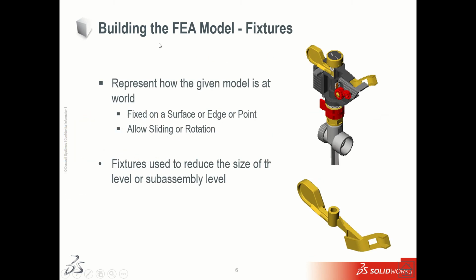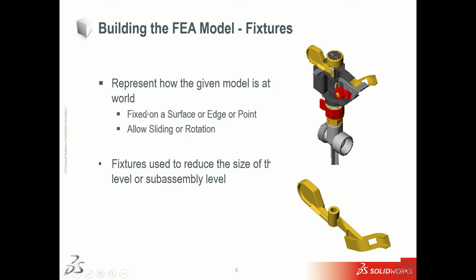After that, in SolidWorks FEA you can see fixtures. What it does is only fix your model. Means if your model has to be fixed to some part or fixture, you need not create that fixture or part separately.